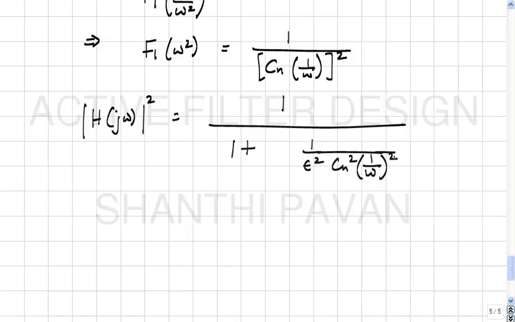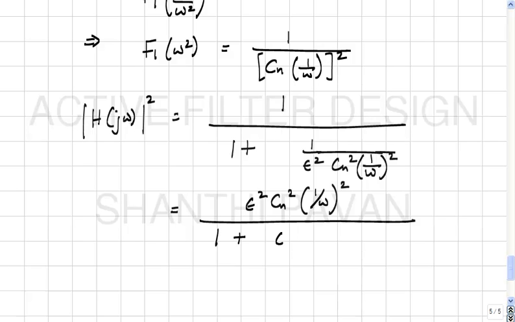Is this clear? Which basically means epsilon square Cn square of 1 by omega divided by 1 plus epsilon square Cn square of 1 by omega.